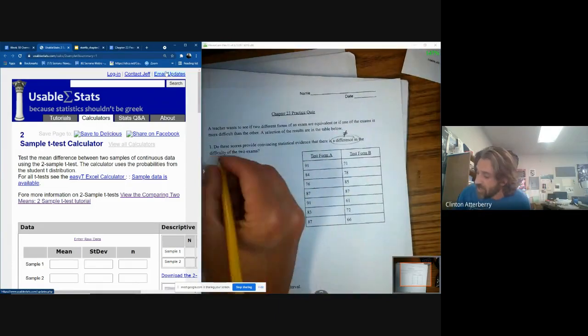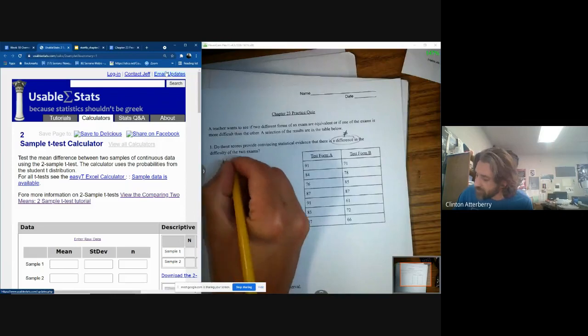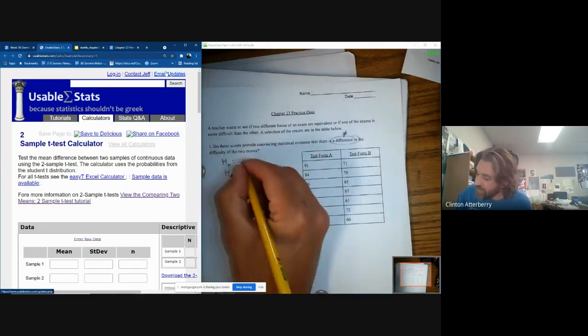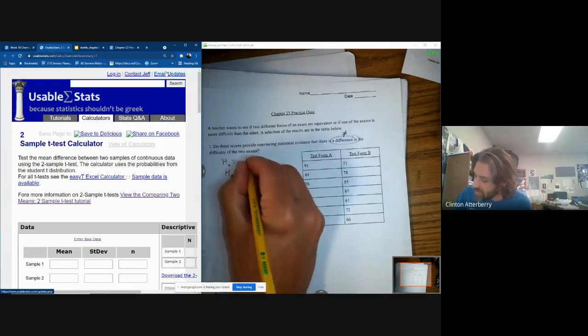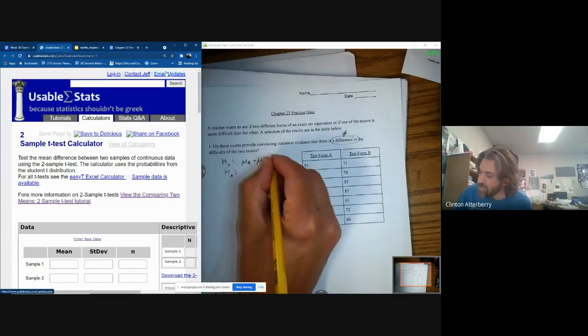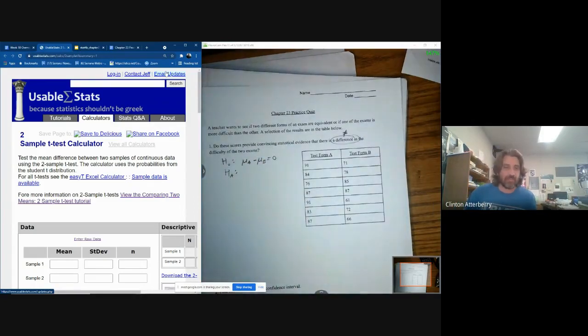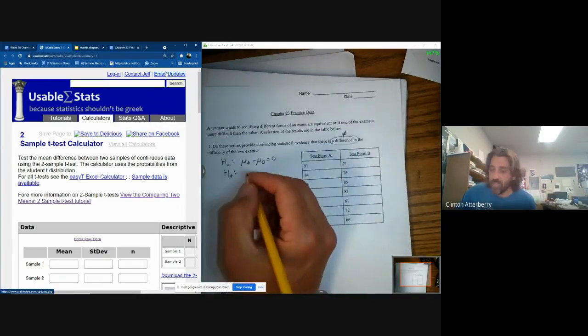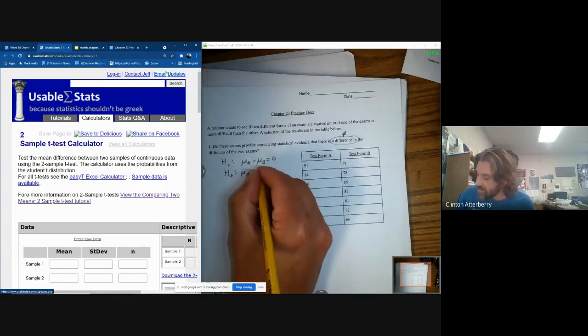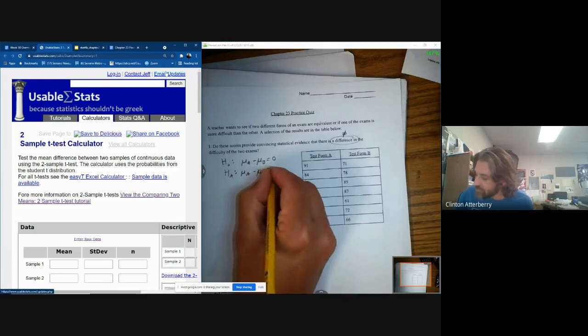Okay, so our null hypothesis will be: if we were to subtract the average from test A minus the average from test B, there should be 0 difference. What we're trying to test for is if we were to subtract those, they would be different.